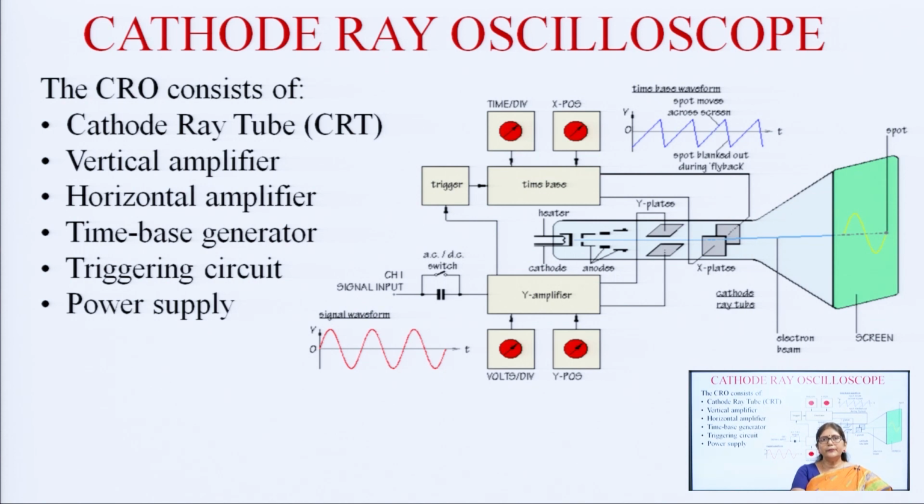As we can see in the figure, this is the basic diagram of a CRO. It consists of a vertical section and a horizontal section. This is basically not a vertical amplifier, it is the vertical deflection system and the horizontal deflection system.